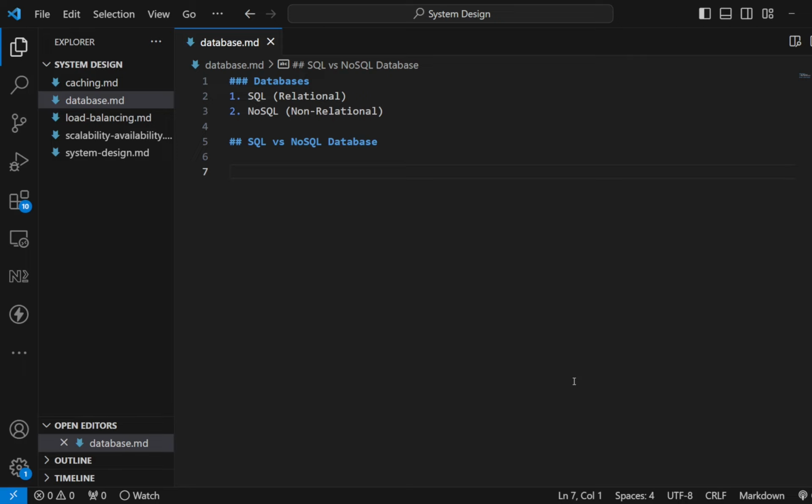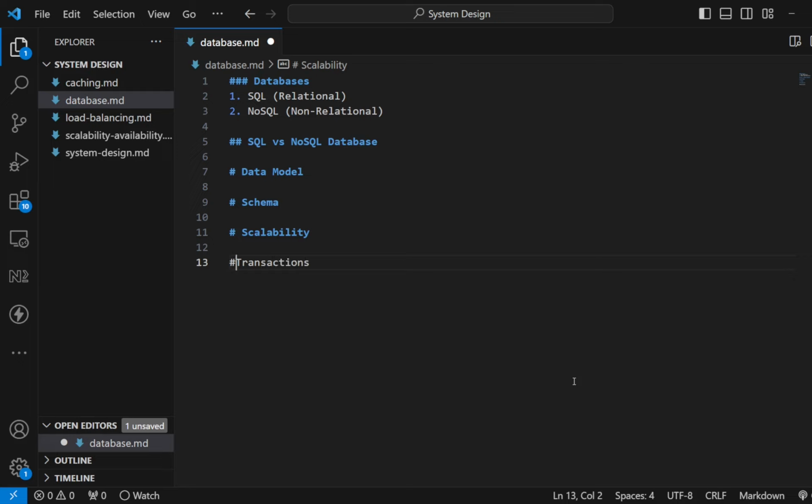On the basis of, let's say, first one is data model. We will differentiate on the basis of data model and schema, then scalability, then we will see transactions.